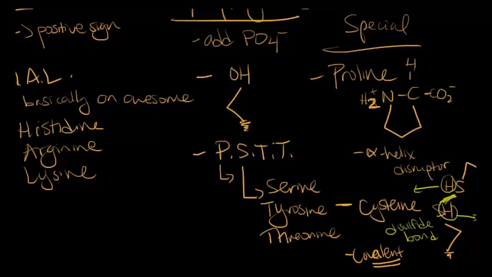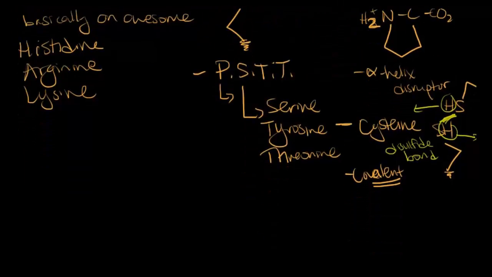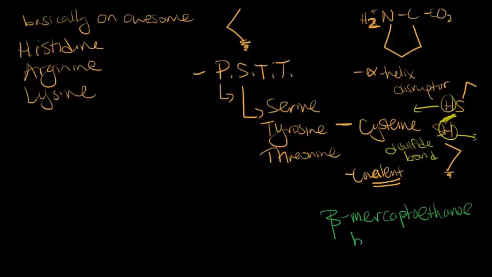Because it's a stronger bond, we will have to add a separate chemical if we want to break down all of the interactions between different amino acids. And that chemical, if you can remember, and we do want you to remember, is beta mercaptoethanol. This chemical breaks disulfide bonds.